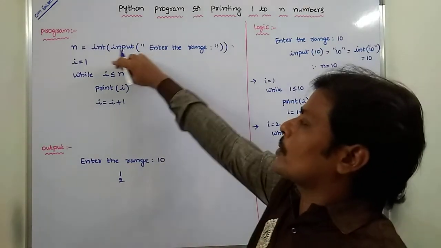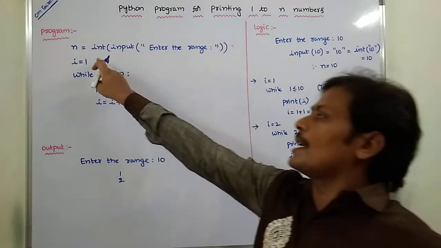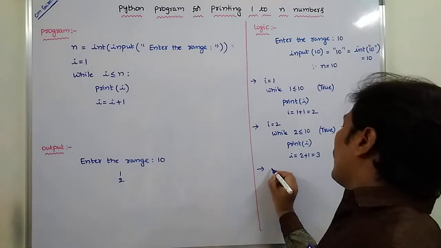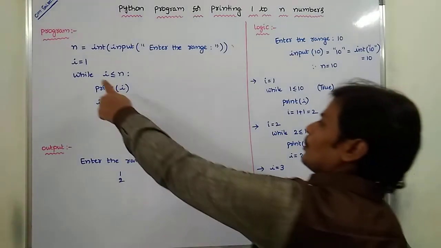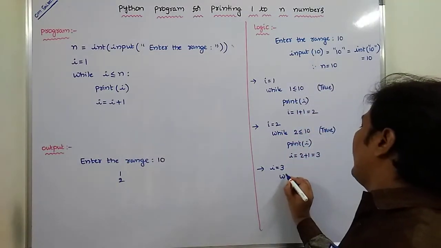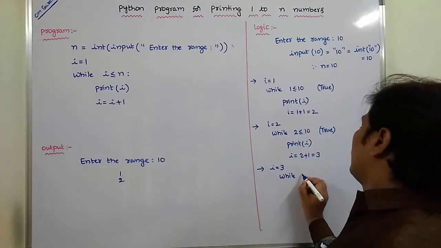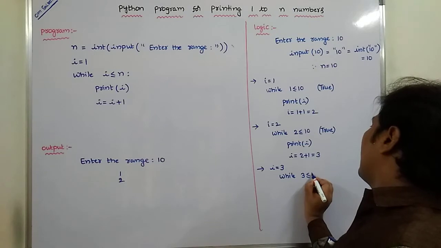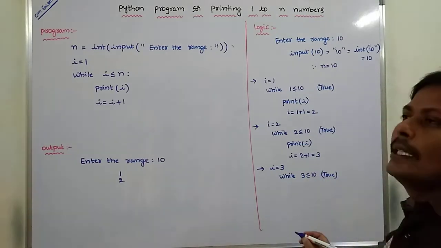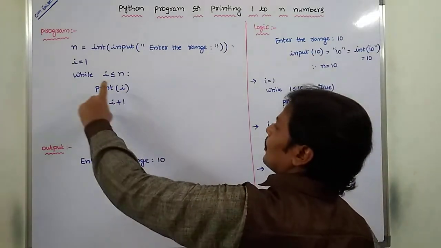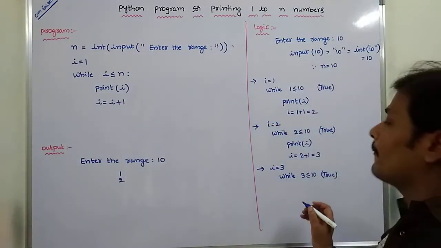Again the control goes back to the while loop. Now i value is equal to 3. While i value 3, 3 less than or equal to 10, that is condition is true. Next, if the condition is true, then control goes to the body of the while loop.